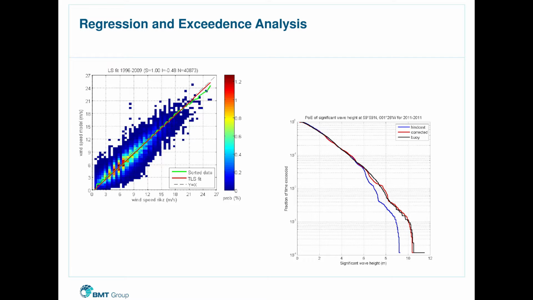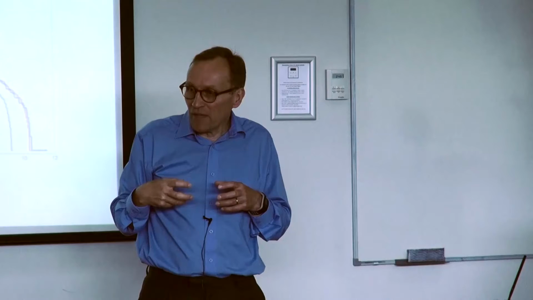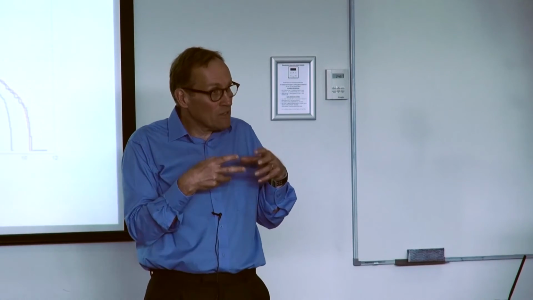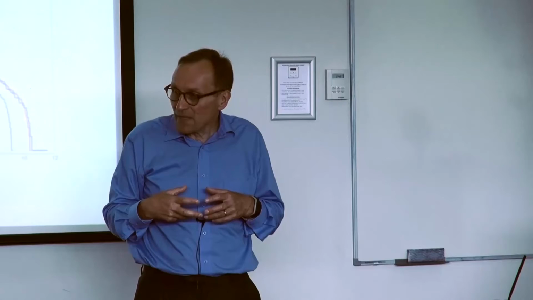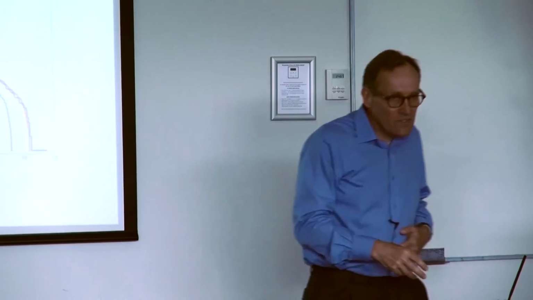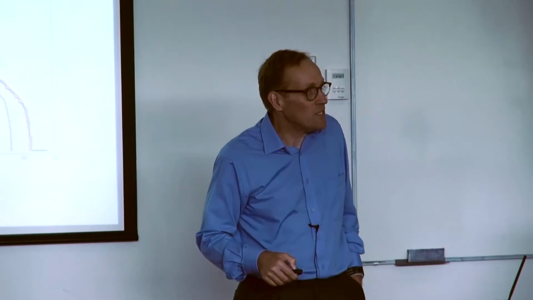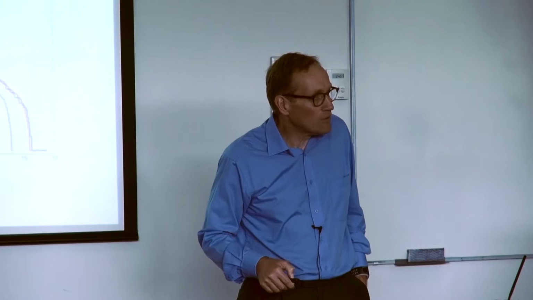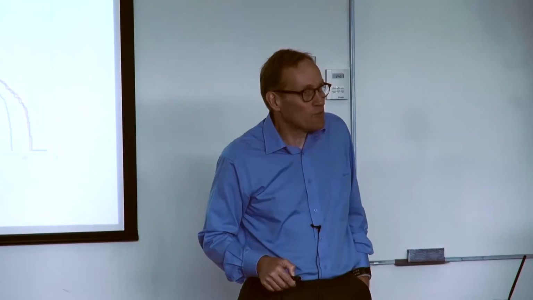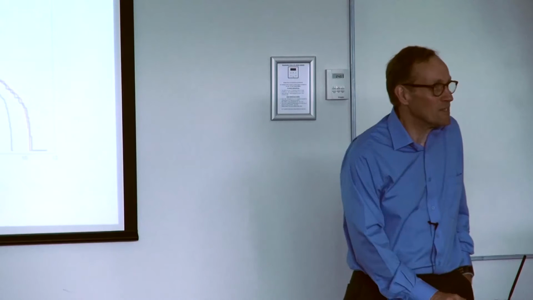So if we believe the buoy data, then we can apply a correction to the model data so that the exceedance distributions of those concurrent data overlie each other, and then we can apply that to the longer term time history. So different forms of data complementing each other, and it's quite often the case that we see the model diverges from observation in more energetic sea states.